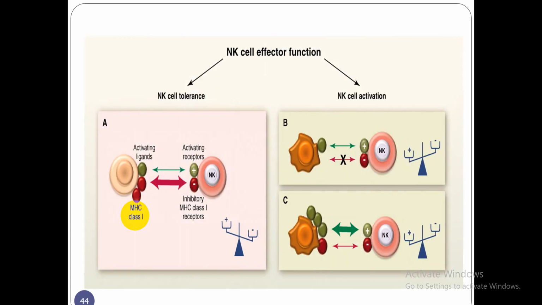Here you see if the ligands of inhibitory receptors are more than the ligands of activating receptors, like this picture, we have more inhibitory signals for NK cells, and the NK cell cannot become activated.